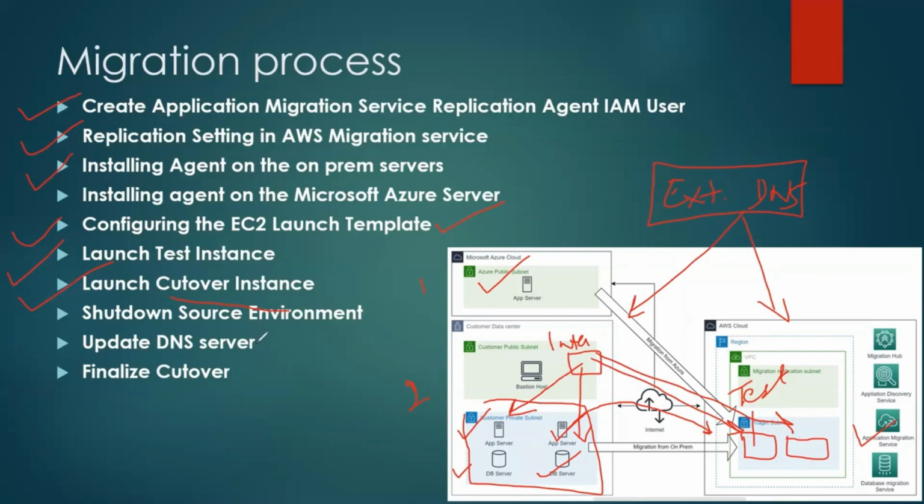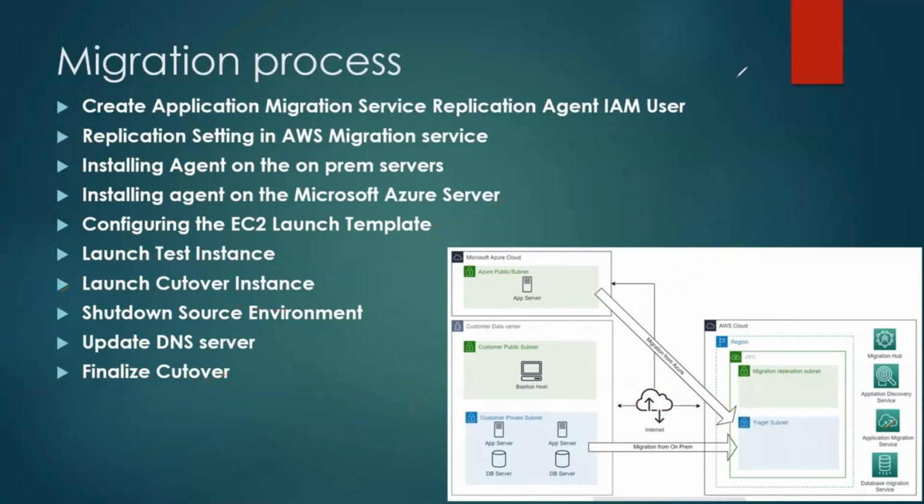So by updating the DNS, we will shut down this environment, and all that traffic will be moved to AWS cloud. After that, we can finalize the cutover. So that's the basic thing about the migration process. In more detail, I'll show all these things practically, how things are done, and we will discuss in more details.